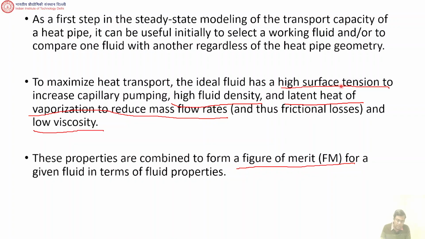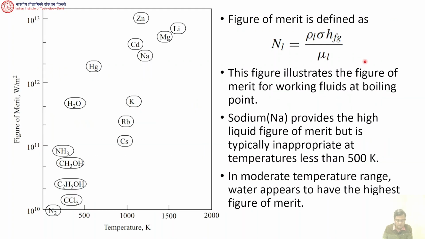Things like this. So based on all this, there is a figure of merit for these liquids for heat pipe applications, and this is calculated. This figure of merit is denoted by N_L, and it's defined as this thing. Now the figure of merit you can calculate, right?